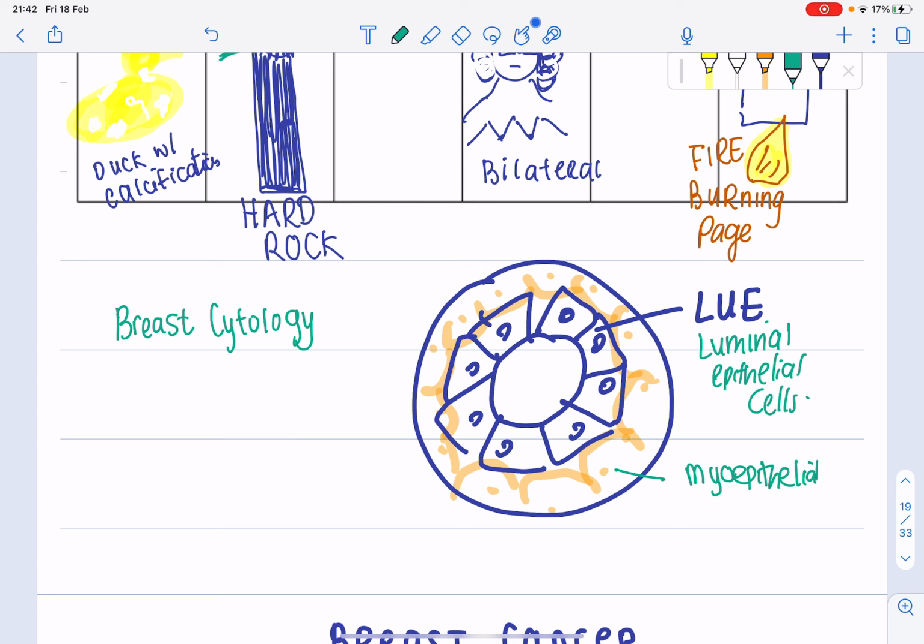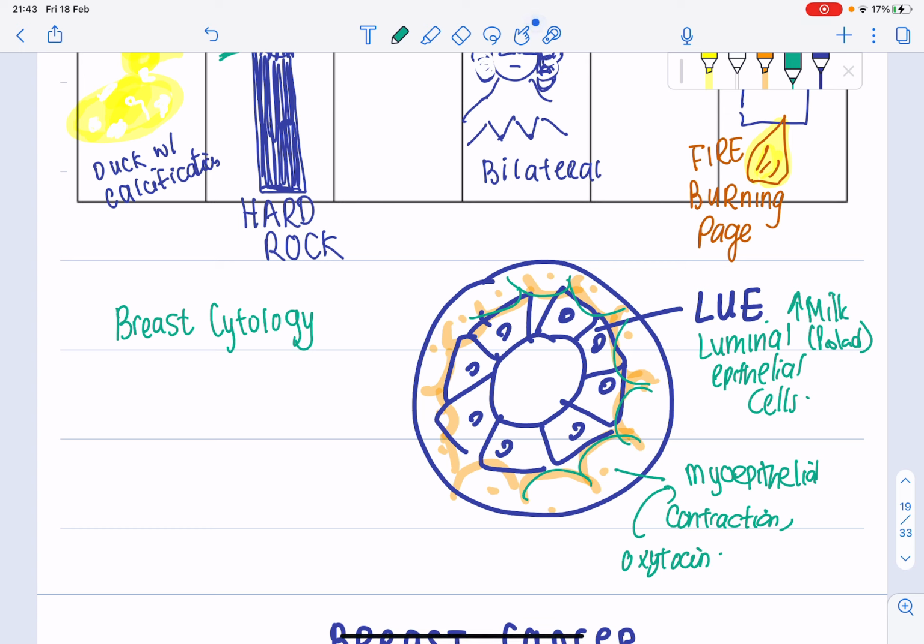Your luminal cells are responsible for production of milk. That's why they are also under the influence of prolactin. Your myoepithelial cells are responsible for the contraction and really pushing that milk out. And those are the myoepithelial cells that I've drawn here. These are under the influence of oxytocin.